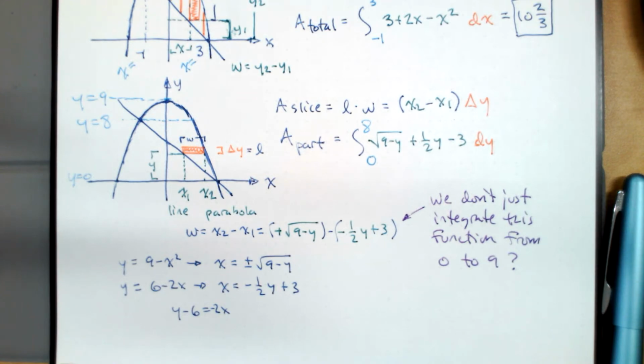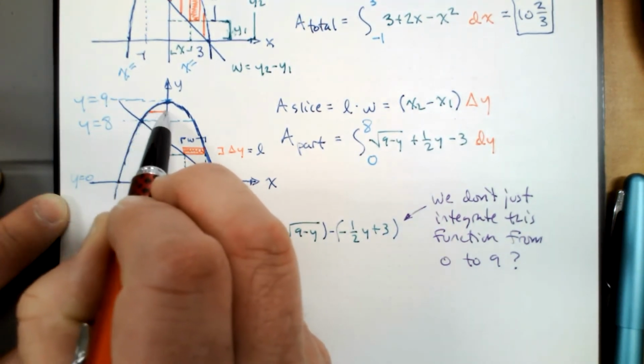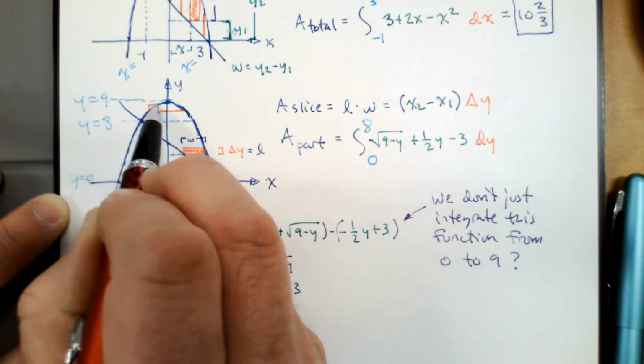The left and right ends of this book change their definition once we get above 8. Notice that if I draw a slice where y is more than 8, we never even touch the line. The line is not part of it.